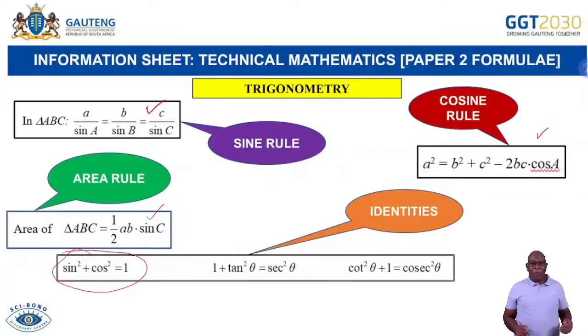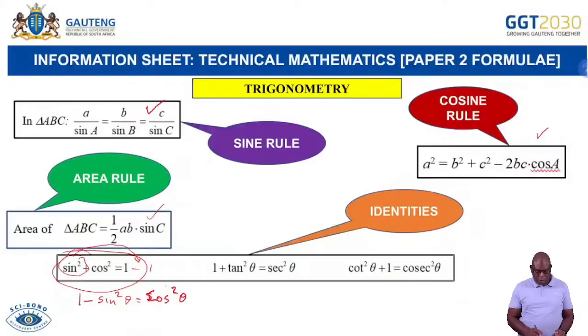But remember, with these identities, I cannot always use them as they are. Sometimes you can be given 1 minus sine squared theta. If I take sine squared theta to the other side, the answer will be cos squared of theta. Sorry, there's a theta in there, there's an angle here. There's nothing like this, please.